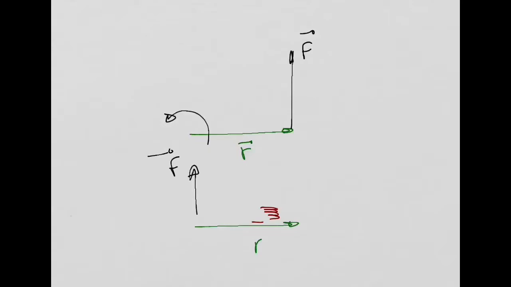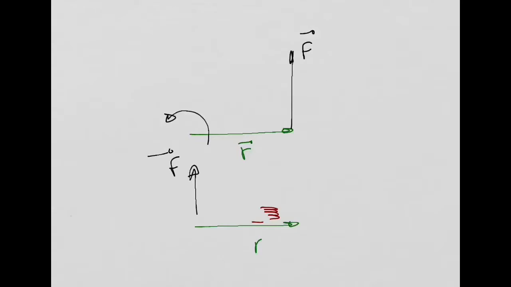So your thumb will give you the direction of your moment. Look at this. If my fingers are aligned with R, if I rotate now my fingers through F direction, like this, anti-clockwise in this case, my thumb will tell me my moment is in the Z direction, right? It's a rotation about an axis on the Z direction, right?